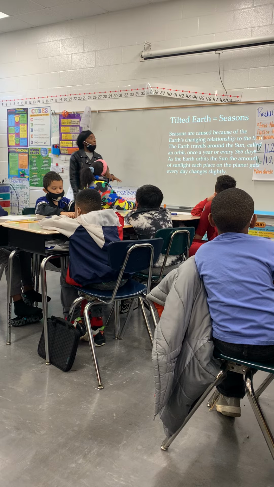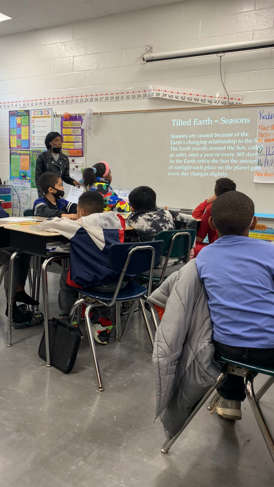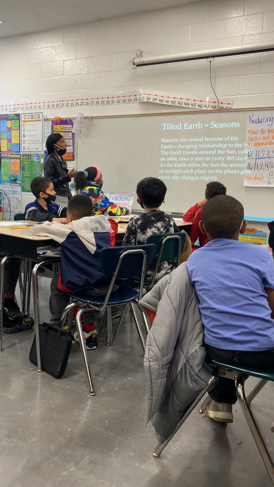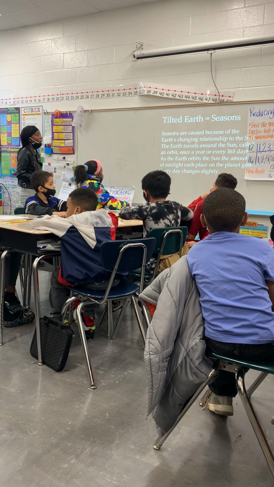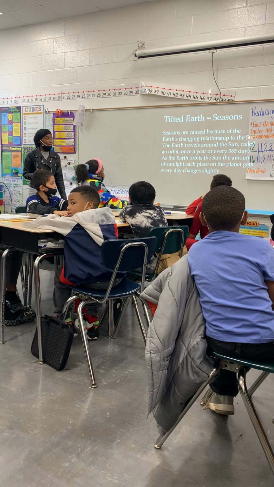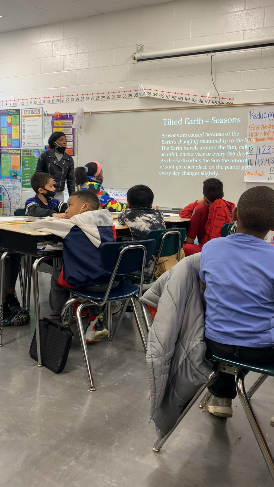Seasons are caused because the Earth is changing its relationship to the Sun. The Earth travels around the Sun, which is called an orbit. Once a year, or every 365 days, the Earth orbits the Sun.